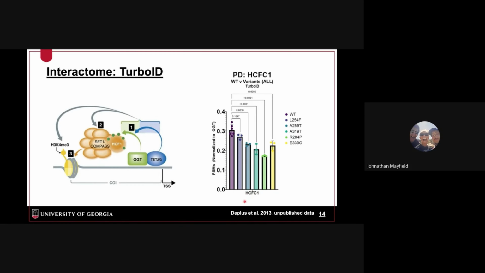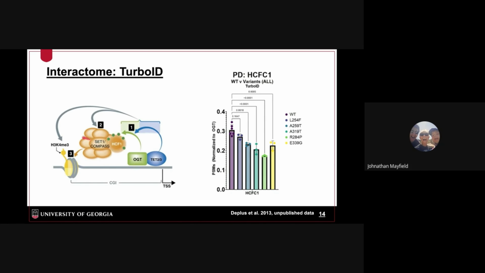So far, I've looked at 5 different variants within the TPR domain, and we have some evidence that looks like these variants do indeed have altered protein-protein interactions. For example, we found that these variants have a decreased interaction with a protein Johnathan was mentioning earlier, HCFC1. And this protein is important in transcriptional regulation.